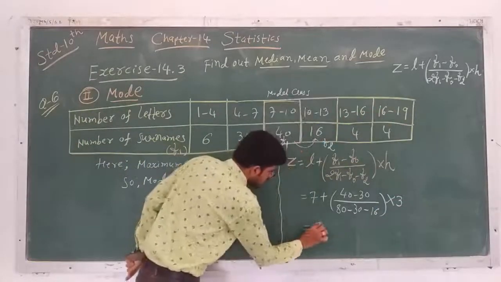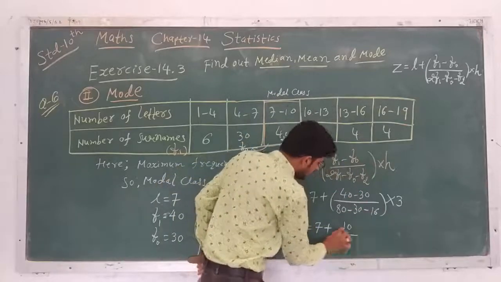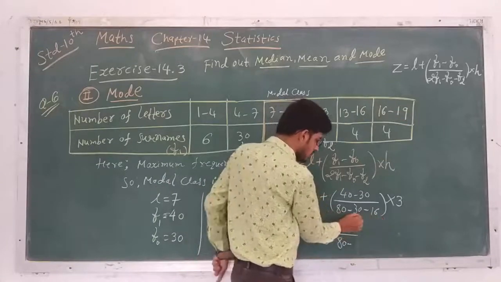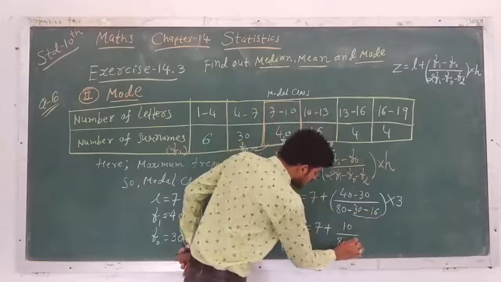That equals 7 plus 10 divided by 80 minus 30 minus 16. Here both are negative, so we have to add 30 plus 16, which is 46, multiplied by 3.